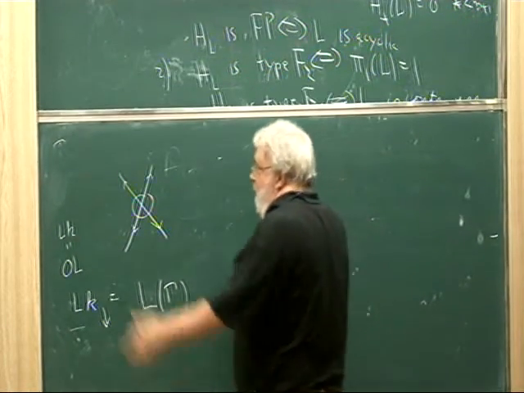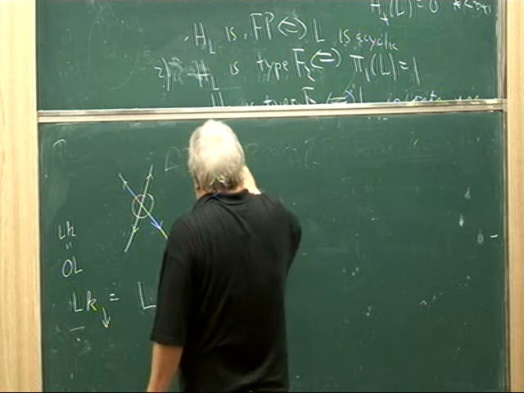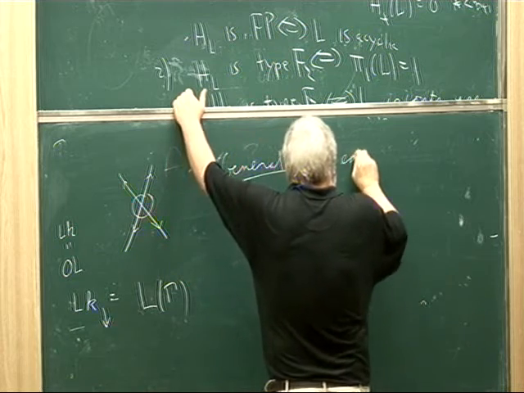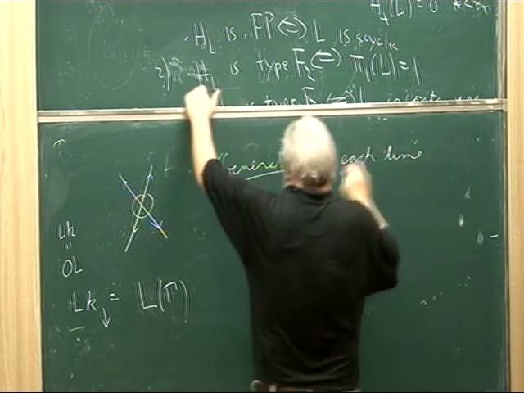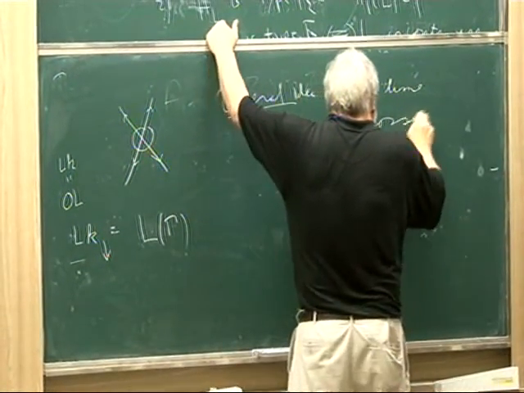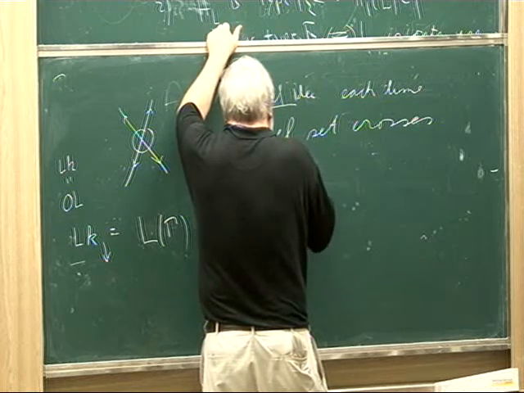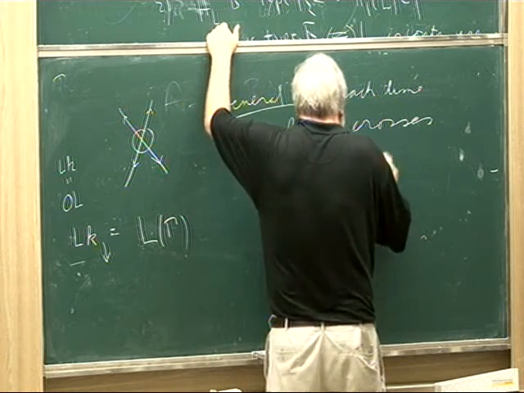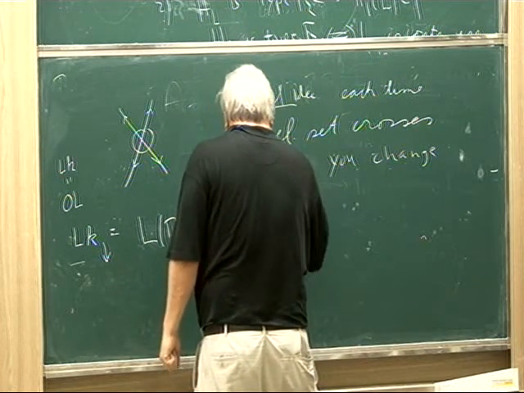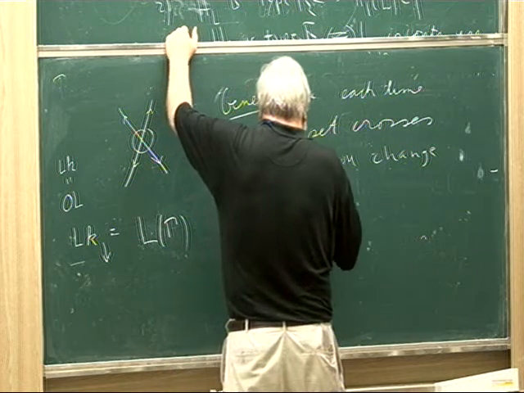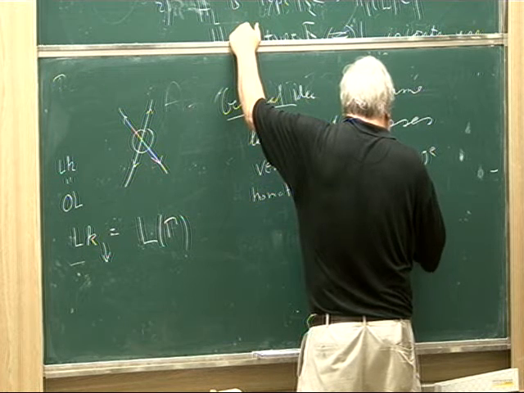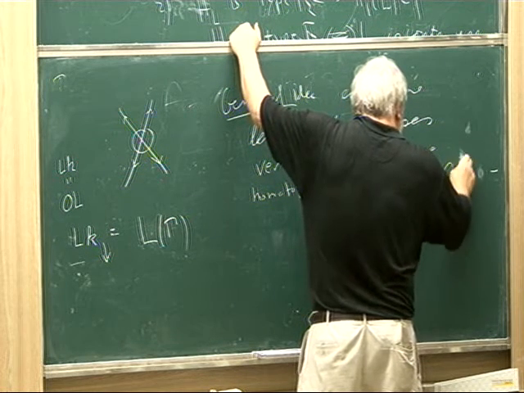So their general observation, their general idea, which they explain in there, is that each time a level set crosses a vertex, you change the homotopy type by attaching the cone over a descending link, by adding the cone on the link.